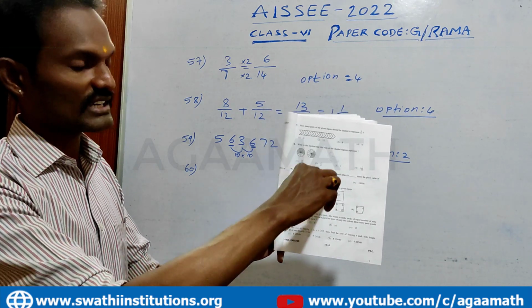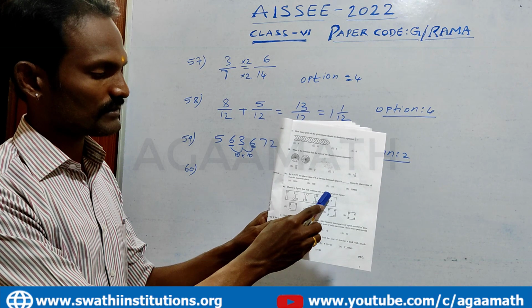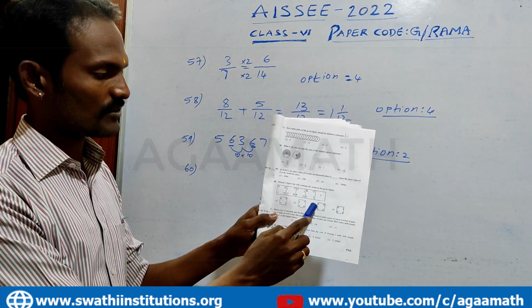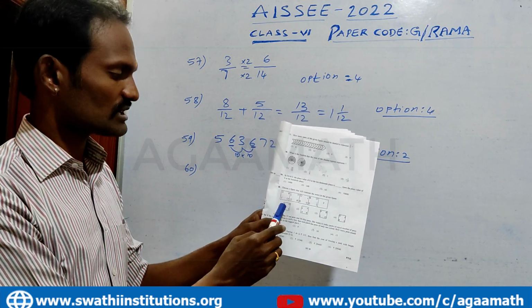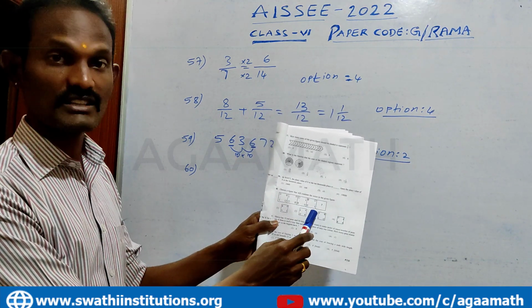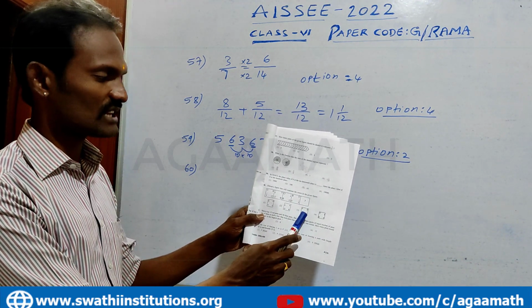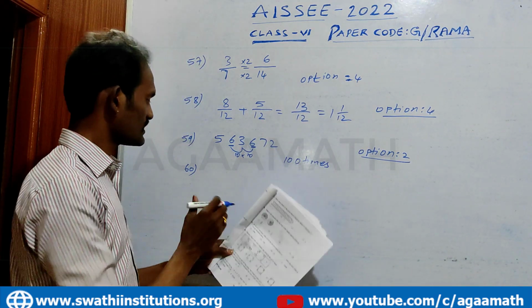Means it is rotating in a clockwise direction. Similarly, the circle should be at the top. So where is the circle at the top? Only in option 2. There is no other option with the circle at the top. So option 3 is the answer.